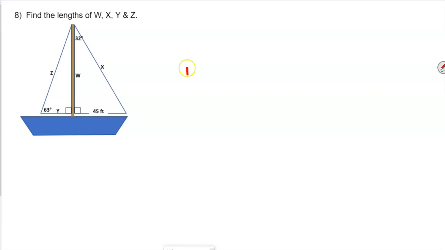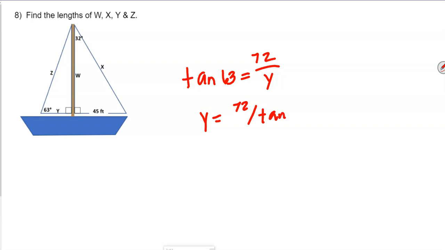So we said that the tan of 63 was equal to our 72 divided by our y, right? These switch places, so y is equal to 72 divided by the tan of 63, right? So that was 36.7 feet, right?